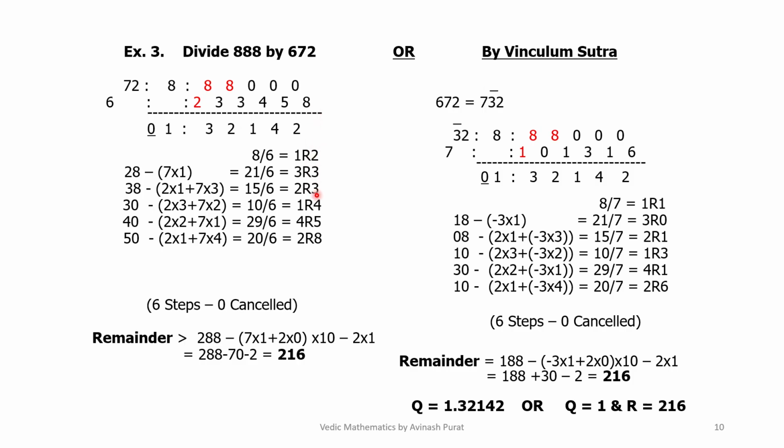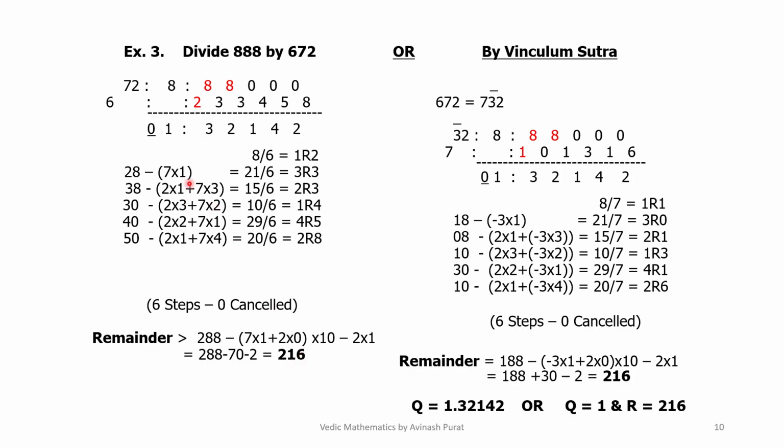Now here we have 6 steps. There is no cancellation. So remainder is 288 minus (7 into 1 plus 2 into 0) multiplied by 10 minus 2 into 1, that is 288 minus 70 minus 2 equals 216.